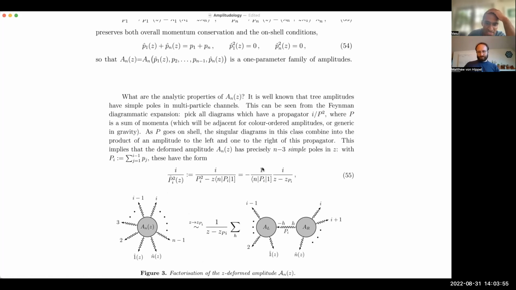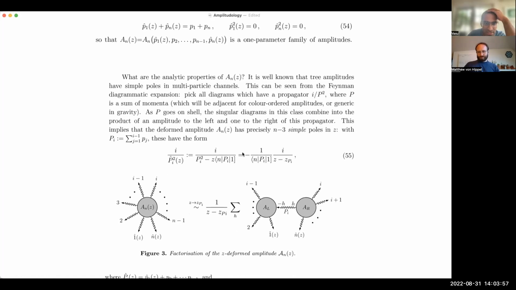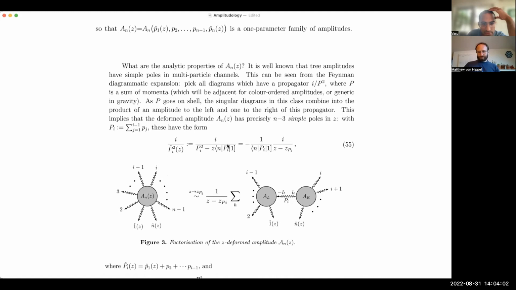So let's see why there's n-3. This I haven't fully understood just yet.